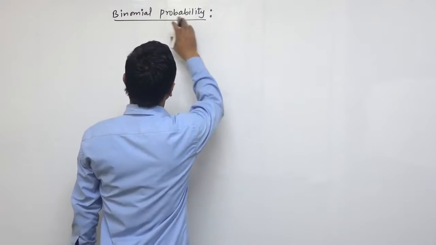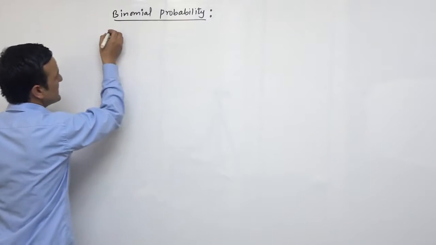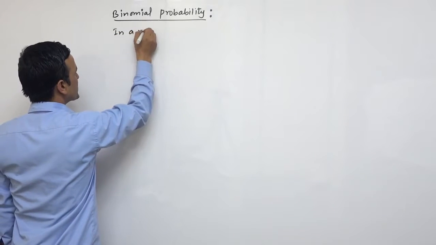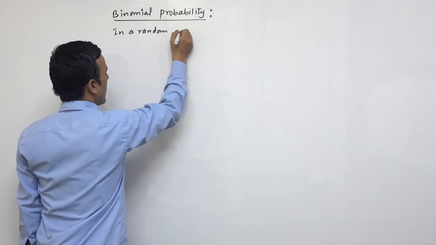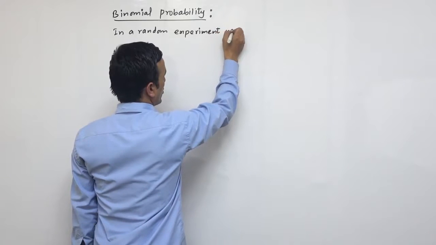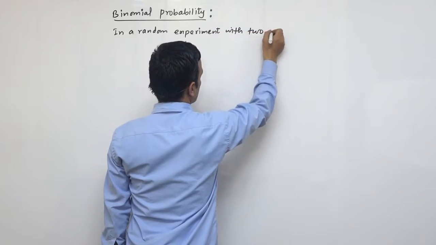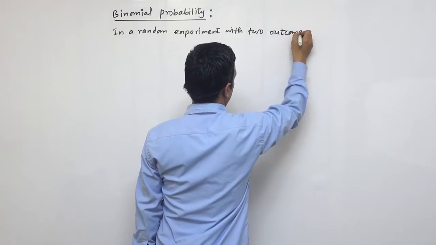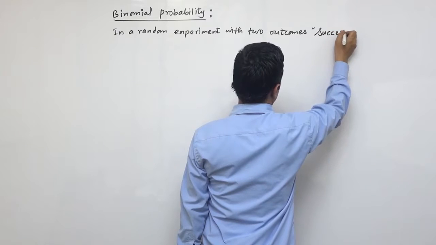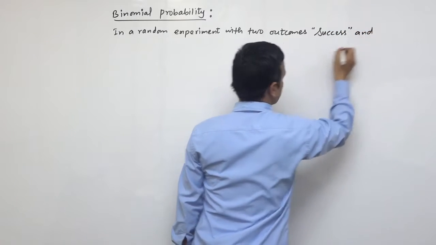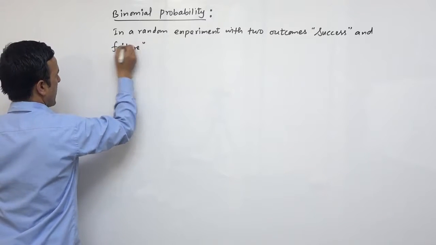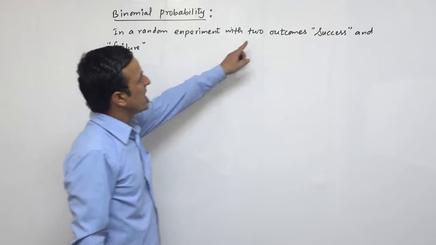So write down what is binomial probability. First of all, state this probability. So in a random experiment with two outcomes, success and failure, so we have two outcomes.